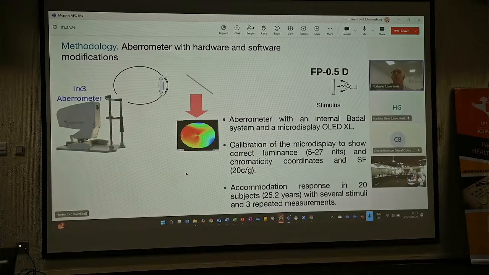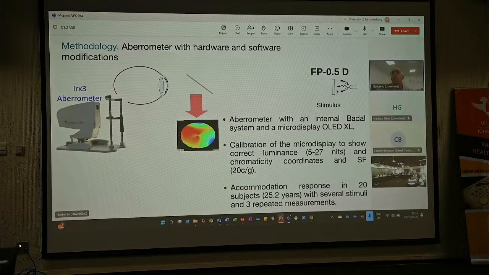So many people can accommodate, but it has a stimulus that is like a figure, and we had to modify the barometer in order to include a macro display that will show the vanishing optotypes. Then we had to calibrate the macro display for the correct luminance, at a frequency of 20 seconds per degree, and also color to show the correct color of the stimuli.